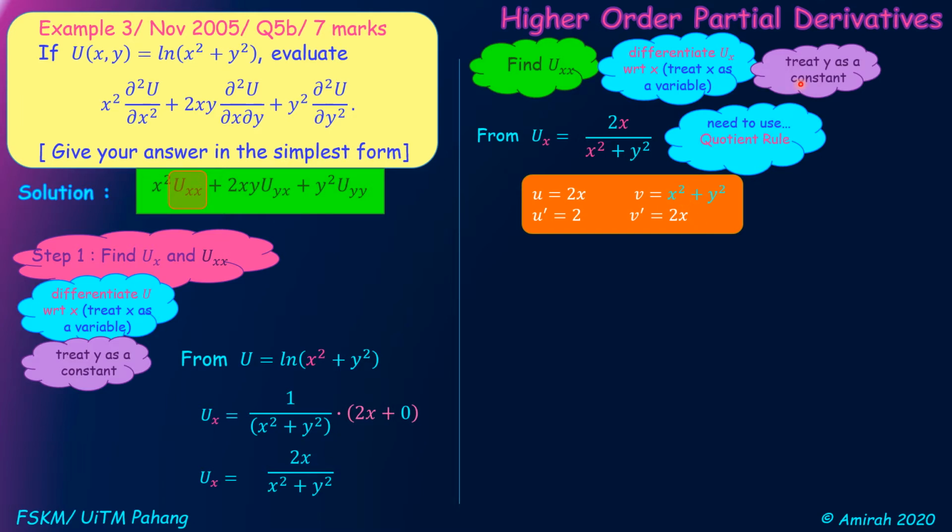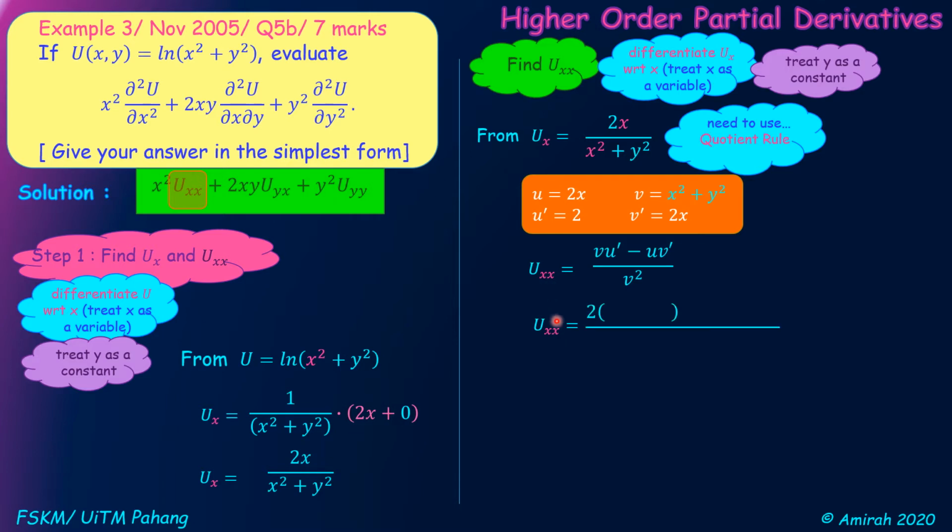And then y is a constant, and when we differentiate a constant, it equals 0. No need to write plus 0 here. After that, when we differentiate u_x with respect to x, the symbol is u_xx. And then we substitute into the quotient rule formula: v u prime minus u v prime over v squared.